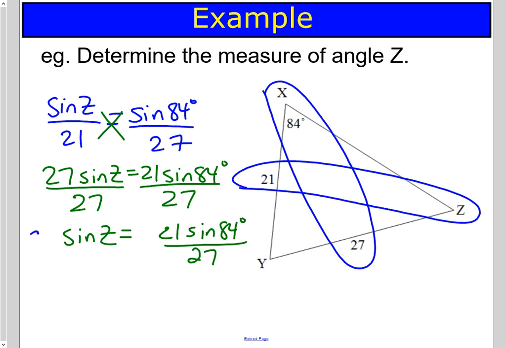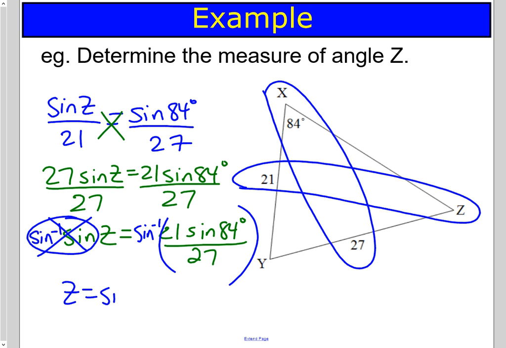And then I want to get rid of that sine, so I have to take the sine inverse. But then I also have to take the sine inverse of my other side. So angle Z is going to be the sine inverse of 21 sine 84 all over 27. Get up my calculator here.